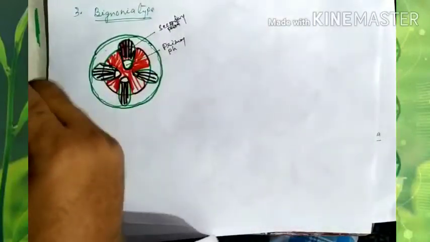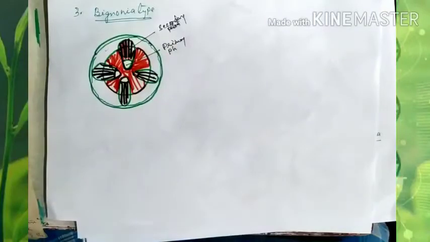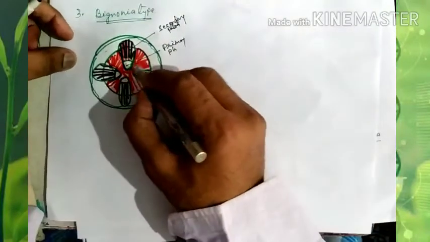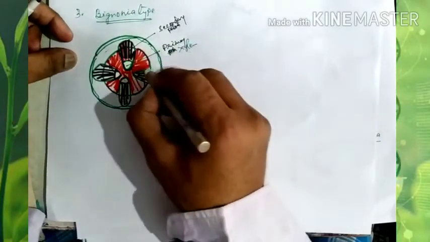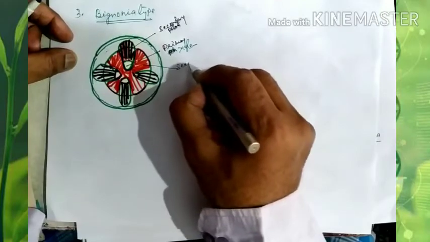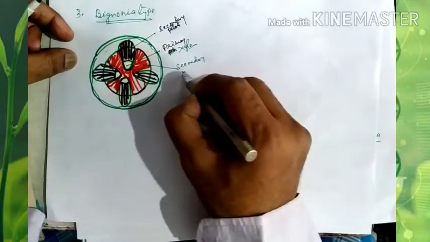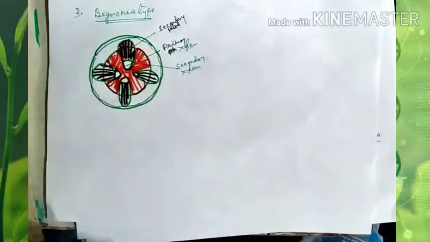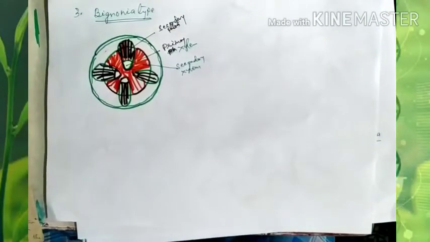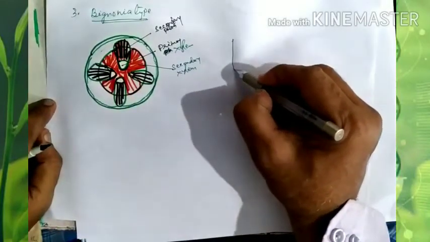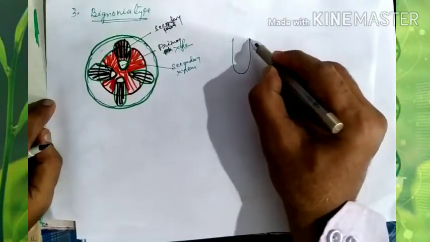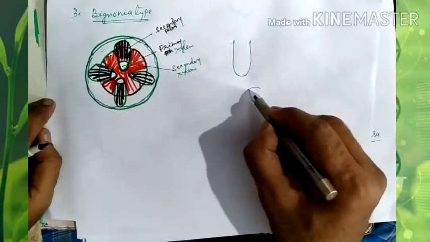This is the primary xylem. This is the secondary xylem, and this is at the 4 points.